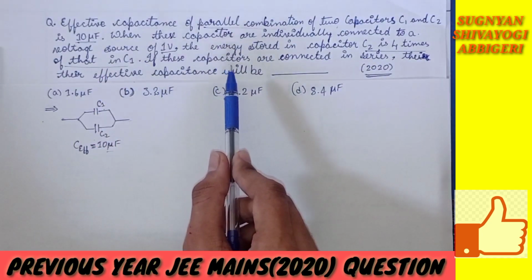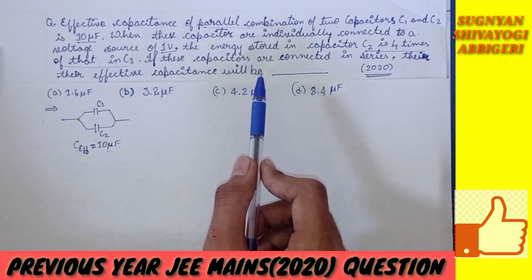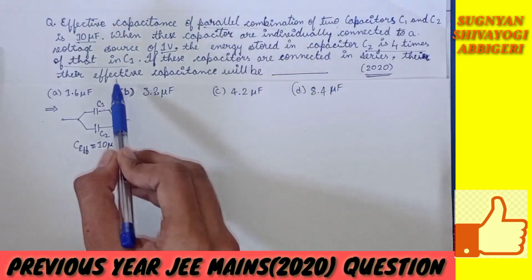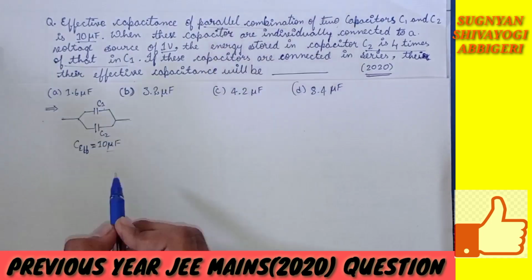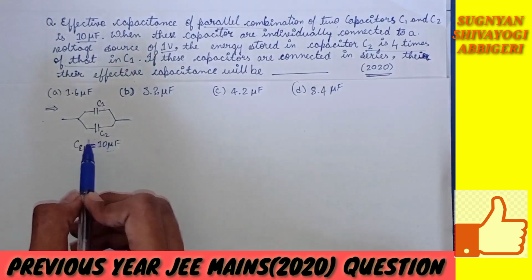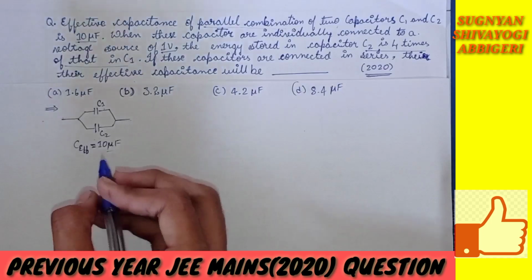If these capacitors are connected in series, their effective capacitance will be? So we need to find the effective capacitance, or resultant capacitance, when they are connected in series. First, they have given a parallel combination, and we have been given the effective capacitance.